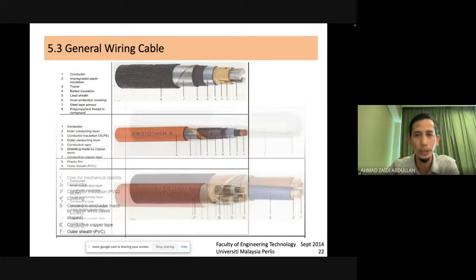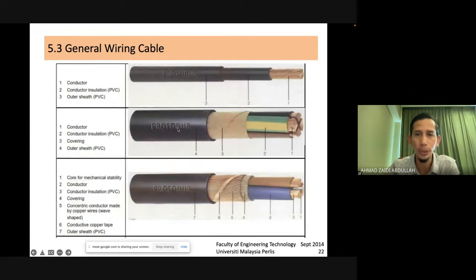Okay, and then the normal cable ni we use for indoor punya installation lah, macam DB daripada DB to the load, from load to DB, and then DB to DB or DB to SSB. Normally internal kan, so we just use a PVC cable.